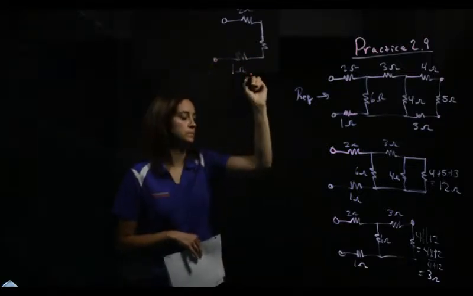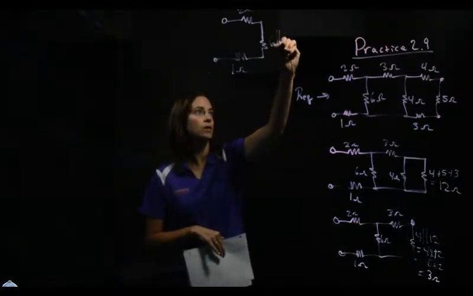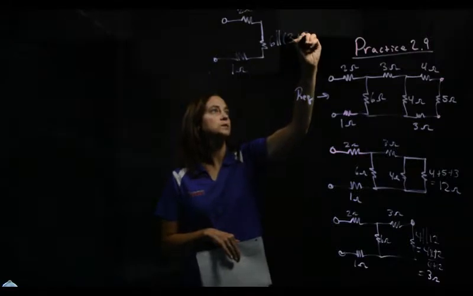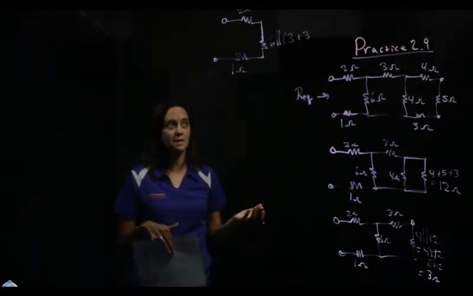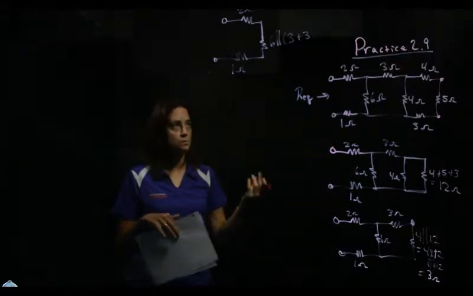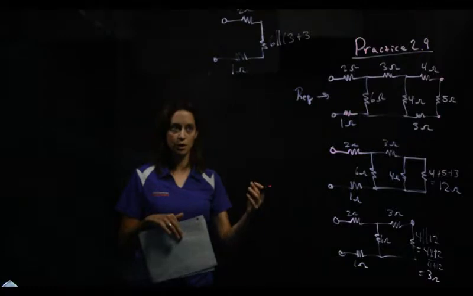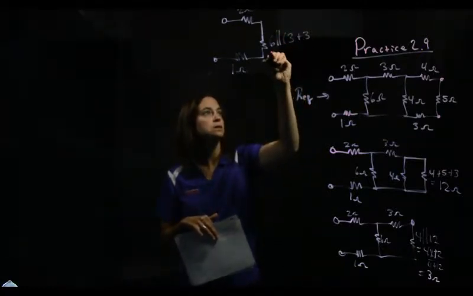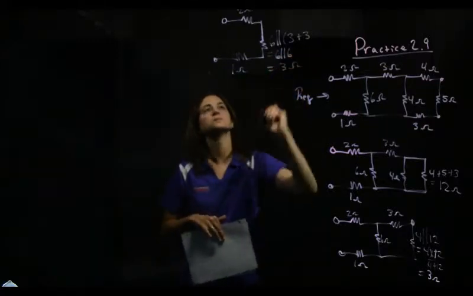Here's my 1. So I have 6 in parallel with these 2 in series. 3 plus 3. So I have 6 in parallel with 6. Anything in parallel with itself turns out to be half that value because you have 6 times 6 divided by 6 plus 6. So you have 36 over 12. So we would do this first. 6 in parallel with 6 is equal to 3 ohms.